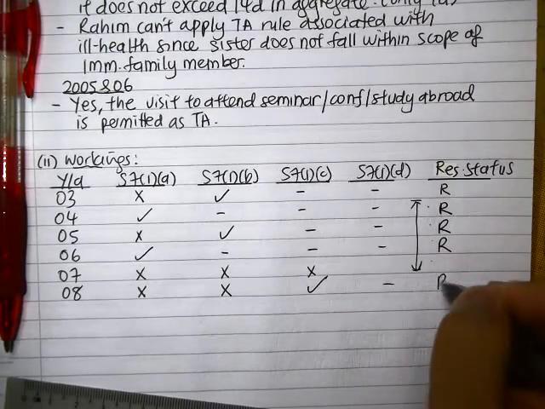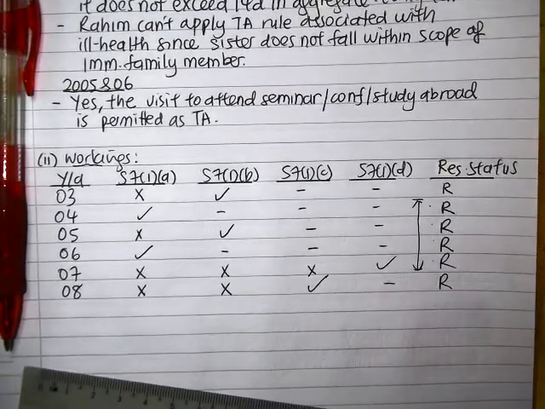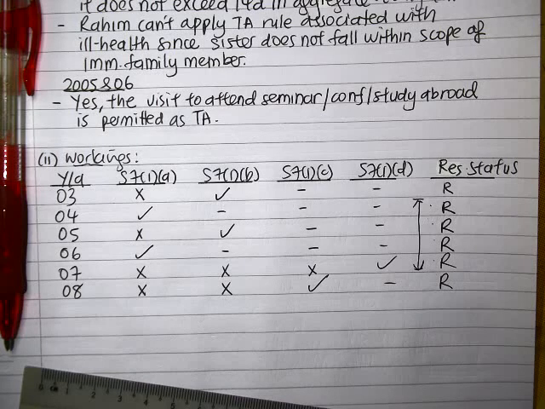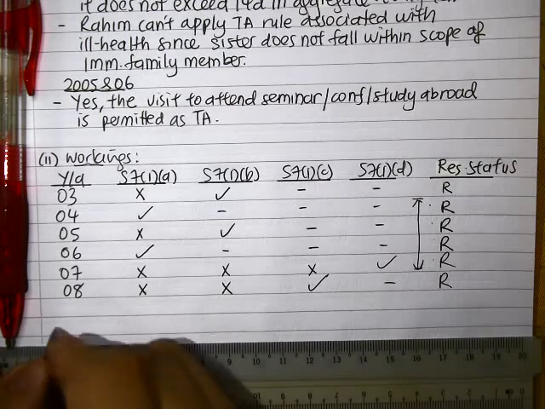So you become a resident. Right, so that's your status. So you are a resident for all the years. Okay, now what we're going to do now is we're going to explain.